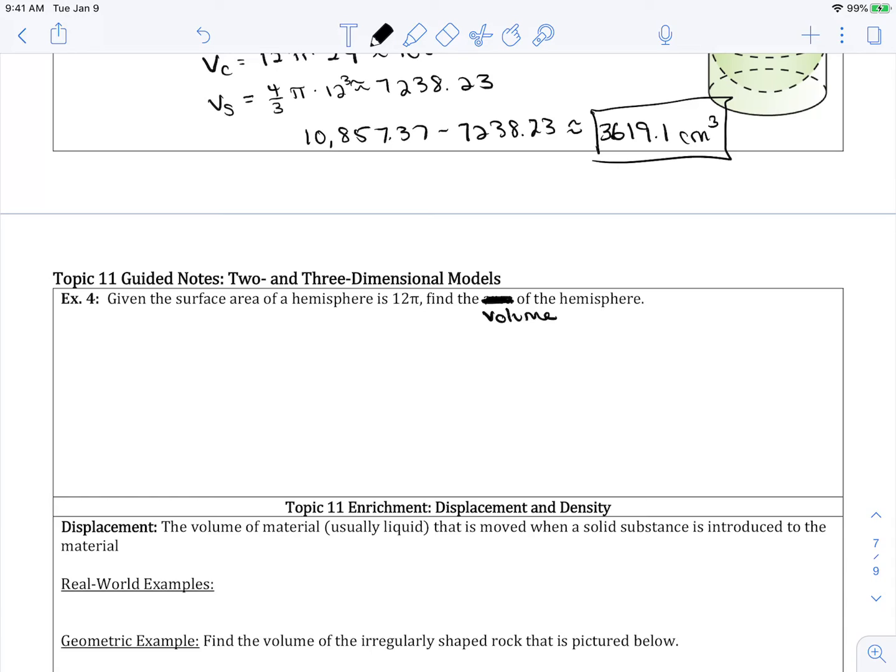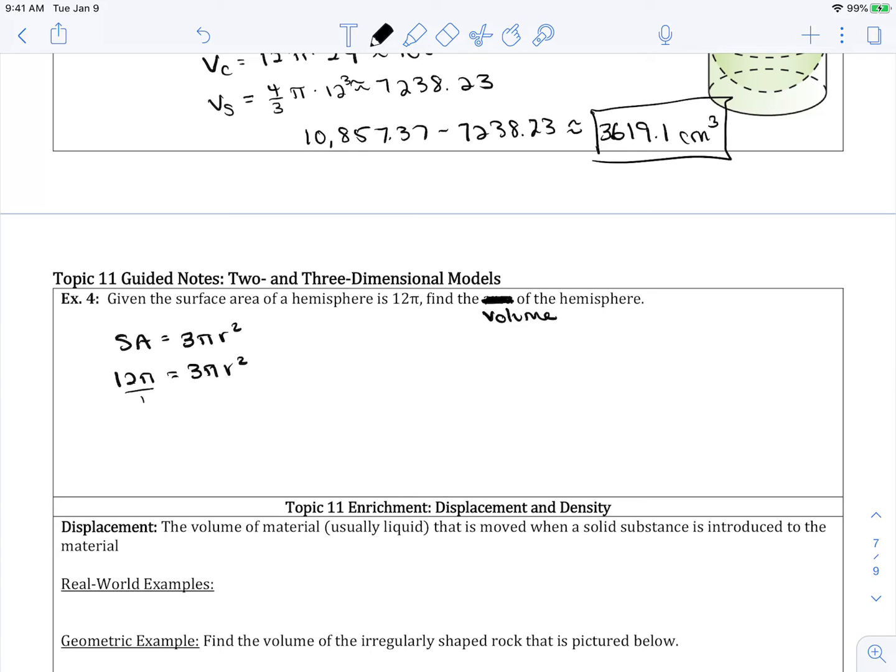So we know the surface area is 3 pi r squared. That's the equation for surface area of a hemisphere. So I'm going to say 12 pi equals 3 pi r squared. I need to find r before I can get the volume.